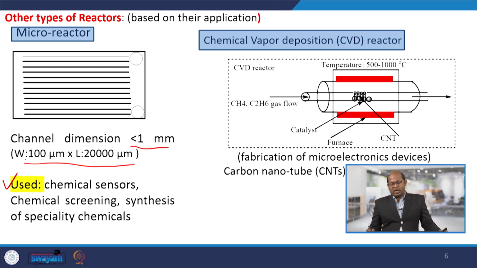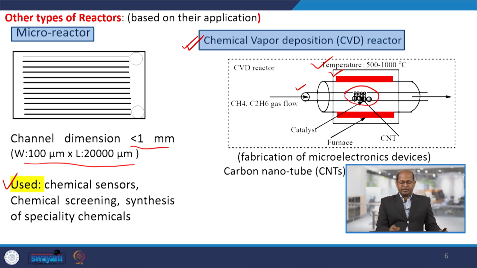Apart from that there is another type of reactor, the CVD or chemical vapor deposition reactor. These reactors are very useful for fabrication of microelectronic devices, and we can easily prepare carbon nanotubes using this type of reactor. Here, the red color you can see is the furnace, where temperature is maintained, and there is a tube, inside of which we can place the catalyst.